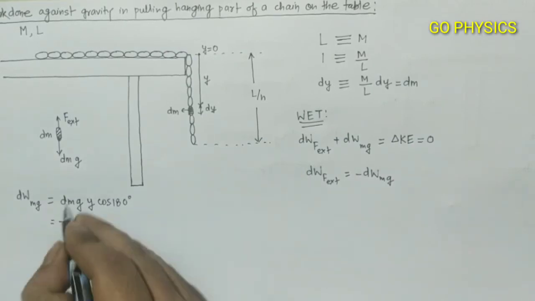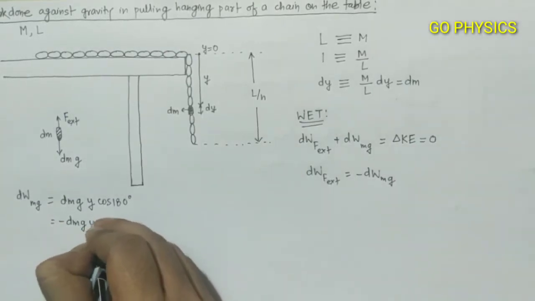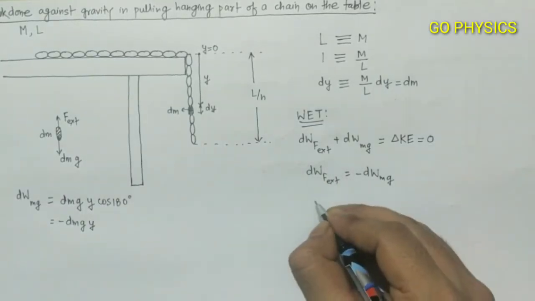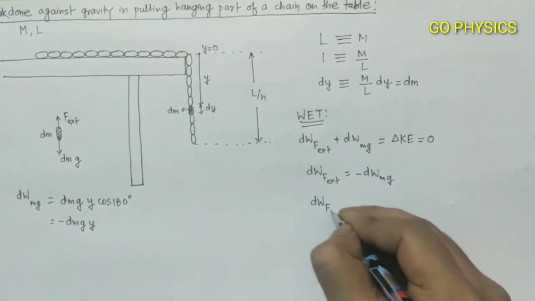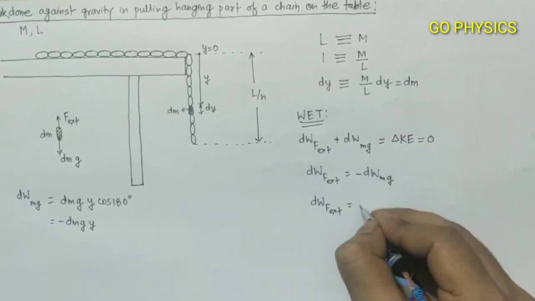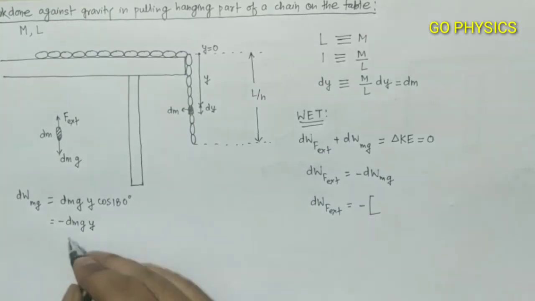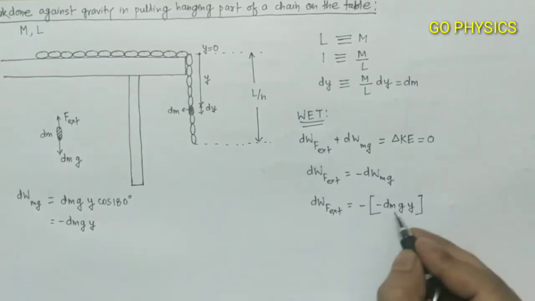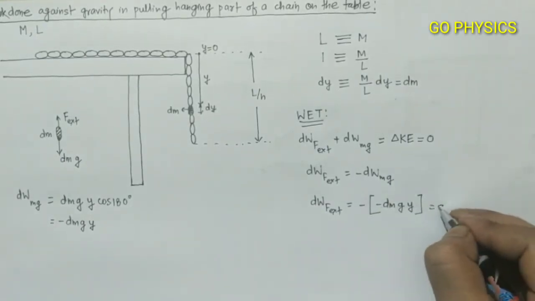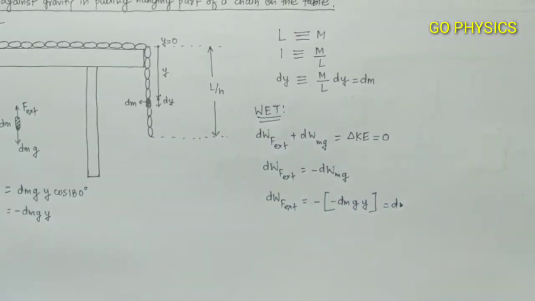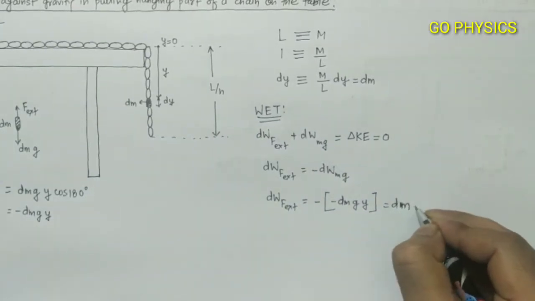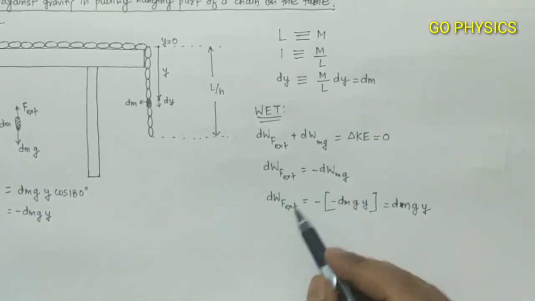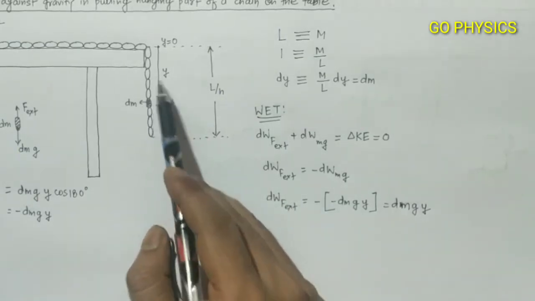So this is equal to minus dm g into y. We will substitute this value here. So we get the small work done by F external is equal to minus of dW mg, which is equal to minus minus dm g into y, which is plus dm g into y. So this is the small work done by the external force to pull this small element over the table.